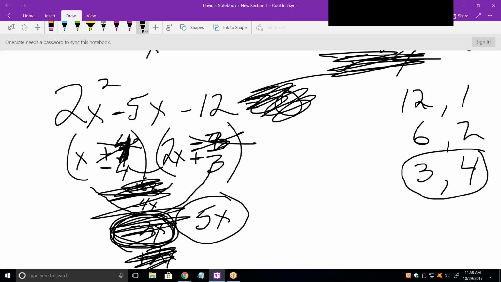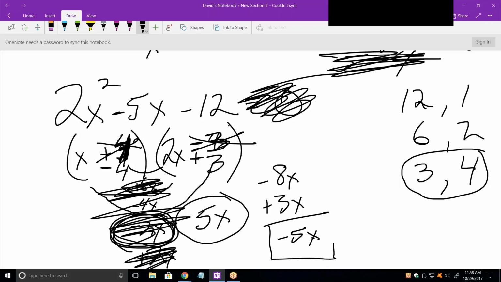Now what's my middle term? Well, I got minus 8x from the inside. I got plus 3x from the outside. There you go. Minus 5x. In other words, once I find the middle term, I'm done.